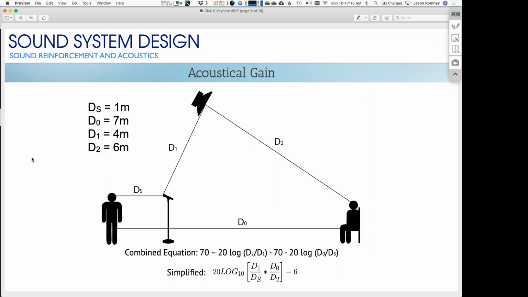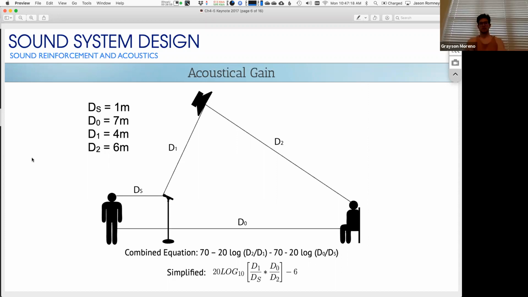Got it. Another quick question on the slide previous to this, it said the range was PAG. What does that mean? Oh, potential acoustical gain. We use that term in the book because, as you will discover in real life, the math doesn't work out exactly the way you would think it does.